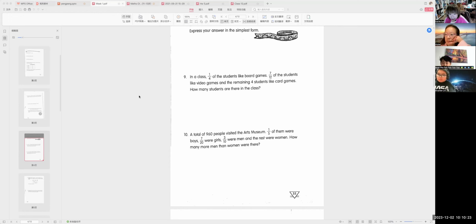How many more men than women were there? This question is exactly like 9 and 8, but easier. It's just a bigger number. Violet, 加油！我们把这道题目做出来，好不好？Okay, Andrew and Evan.